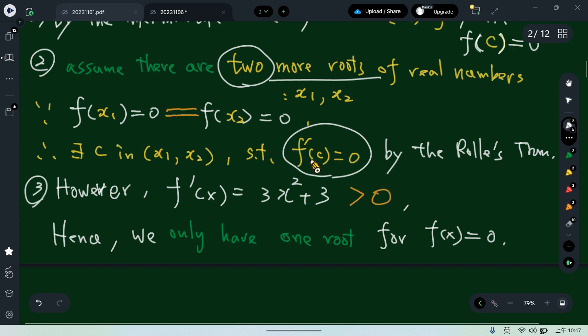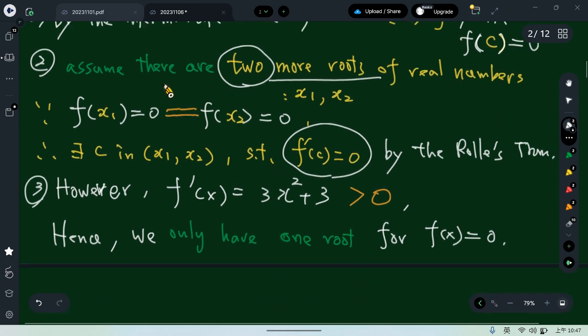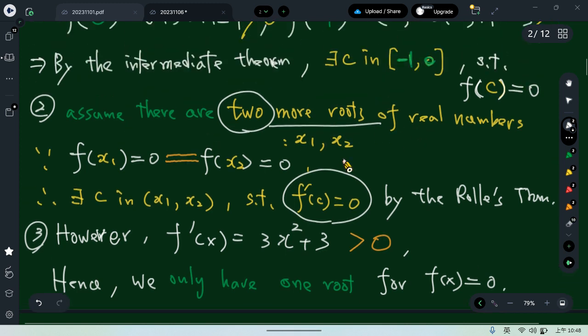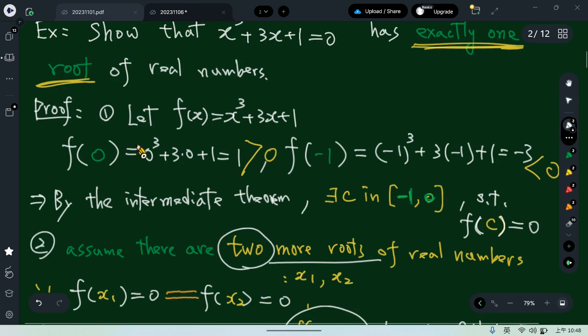So there is a conflict between step 2 and step 3. So that means our assumption is not correct. Our assumption is that there are two or more roots for this case, but it's wrong. But from step 1, we proved that we have a root.